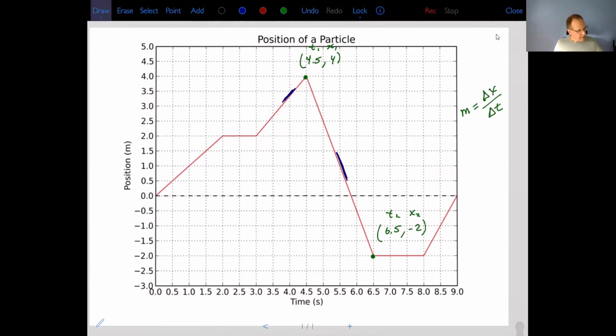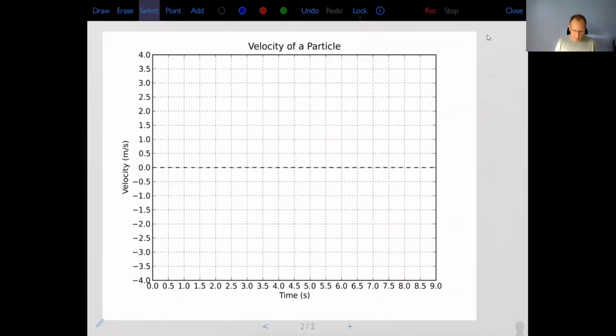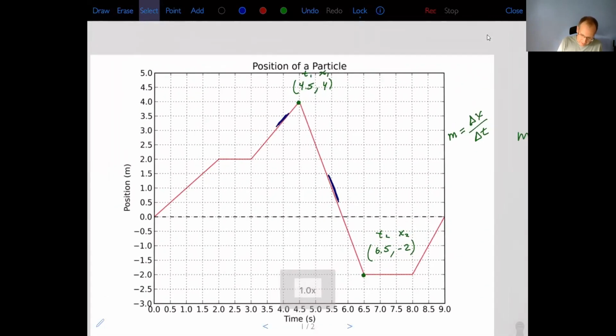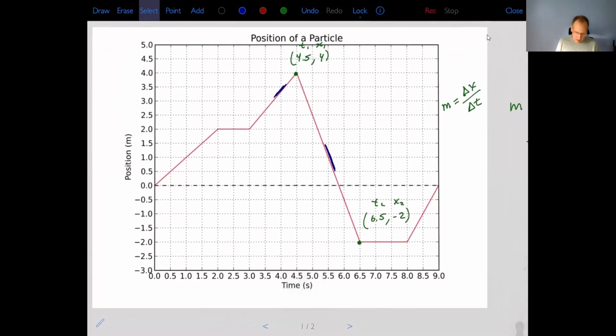Okay, the next thing that we want to do is, given this position versus time graph, sketch the corresponding velocity versus time graph. All right, so let me bring that up. Let's see if we can figure out what the velocity is from 0 to 2 seconds.